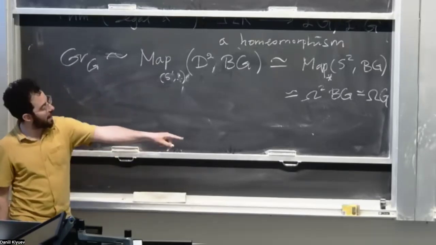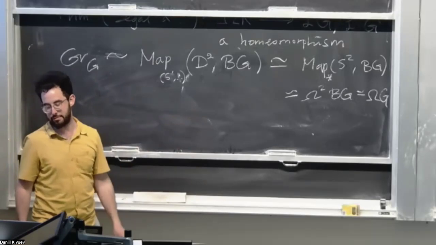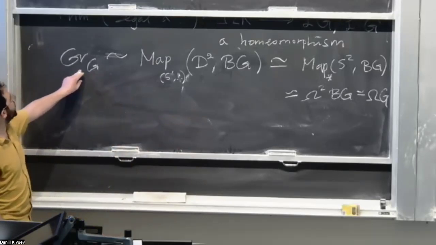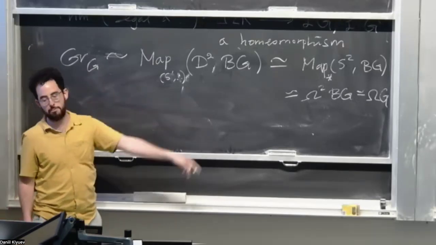The actual, correct statement is what I wrote before, where you need to take a maximal compact. This is just how to imagine the affine Grassmannian as a loop space.